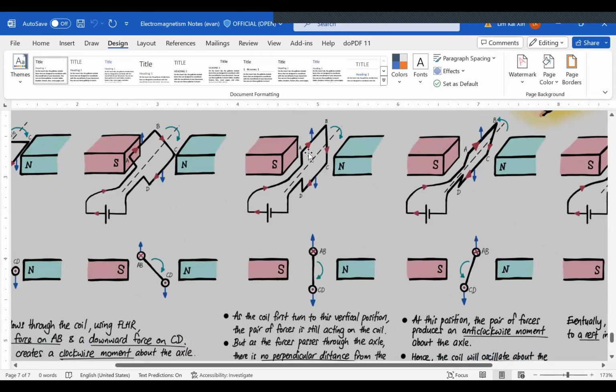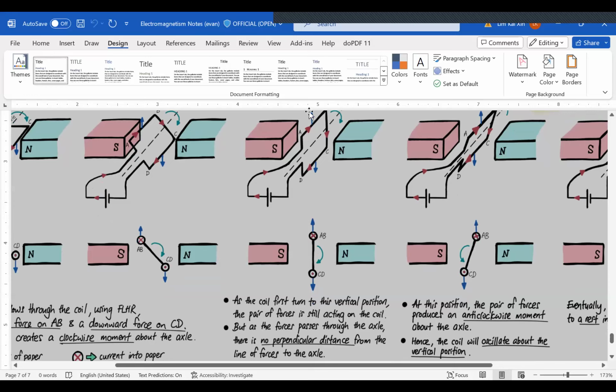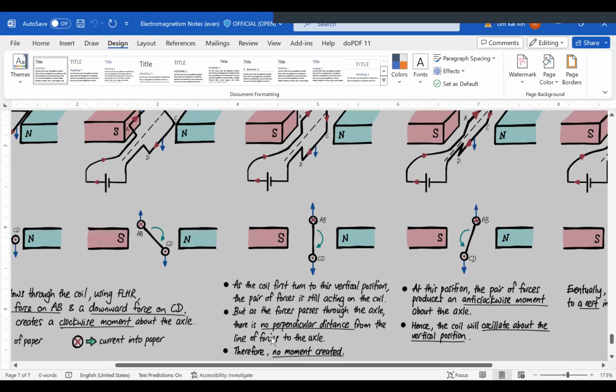But in this case, because there is no split ring, the current will still continue to flow in A, B, C, D in this direction. So there will still be a force acting on the coil. AB will still be upwards and CD will be downwards. But there is no perpendicular distance, so no moments will be created.